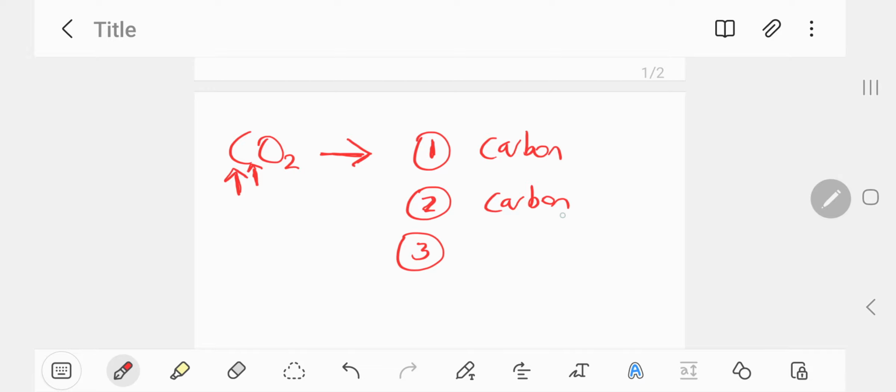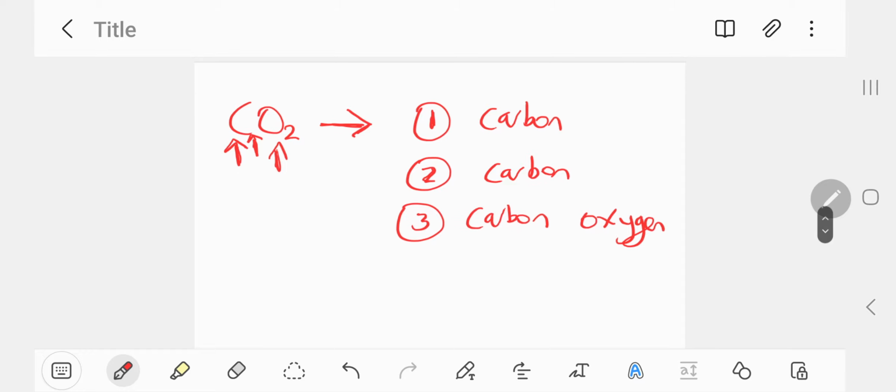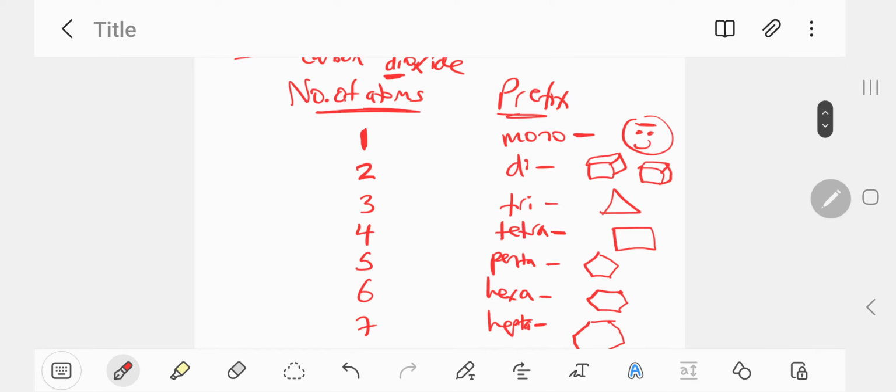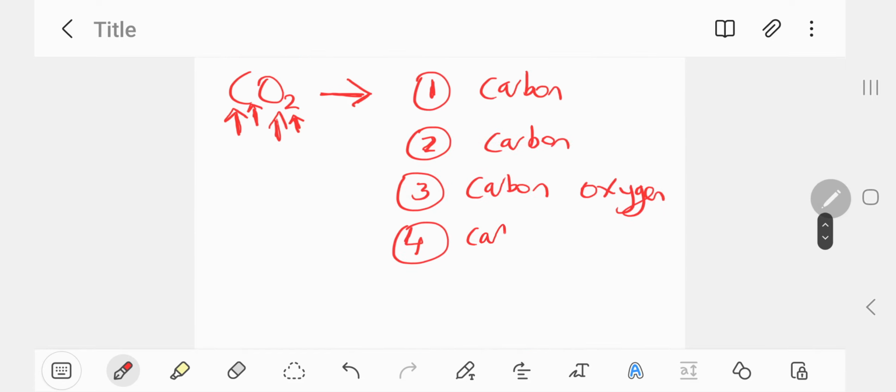Step 3, write down the name of the second non-metal element, which is oxygen, O for oxygen. So carbon, then oxygen. Step 4, write down the prefix that goes before the word oxygen. In this case, it's got 2. The prefix, if you look here, is di. So it becomes carbon dioxygen.